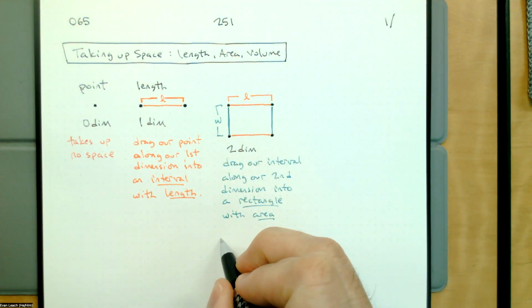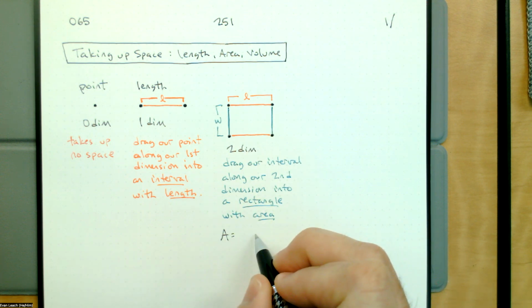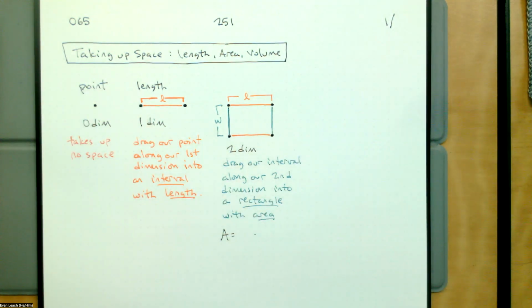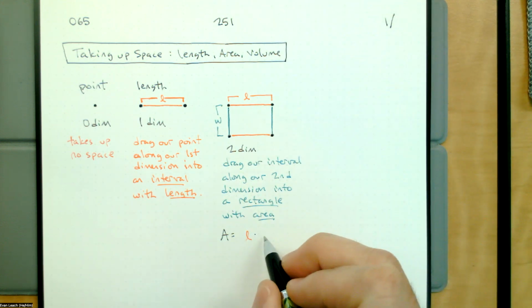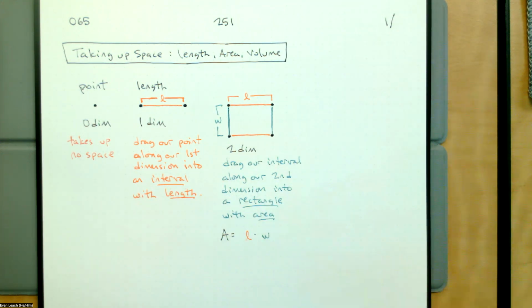And we know that our area is just going to be the product of the length and the width. Area is equal to length times width. This is not just what we use for the area of a rectangle. This is how we even think about area. There's some length, there's some width, and we multiply those two.